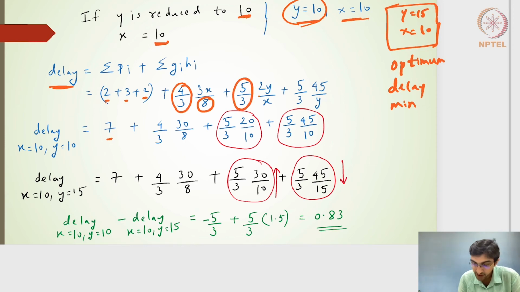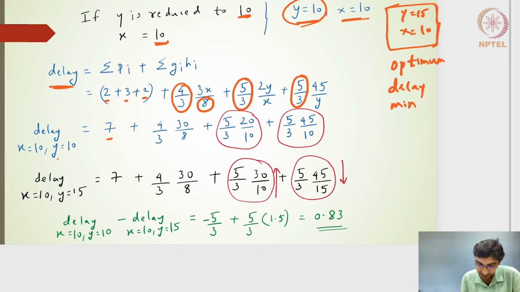So 5 by 3 times 2Y by X because it sees 2 branches, and each branch has a gate capacitance or gate size of Y. So 2Y divided by X, plus 5 by 3. This is the 2-input NOR gate multiplied by the load capacitance of 45 divided by its input capacitance of Y, or input gate size Y.